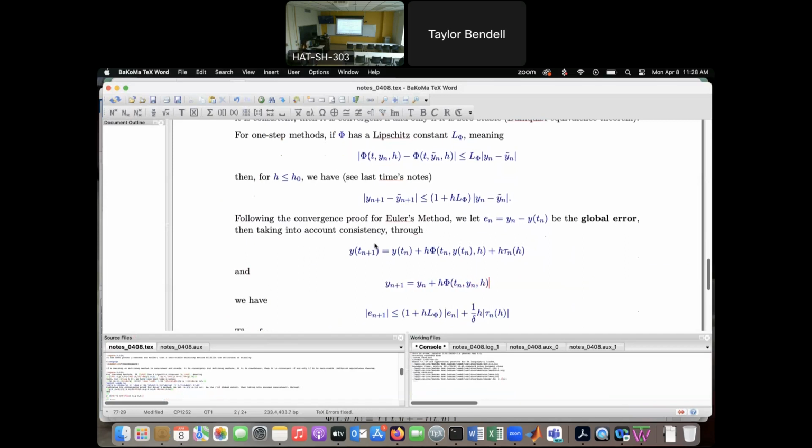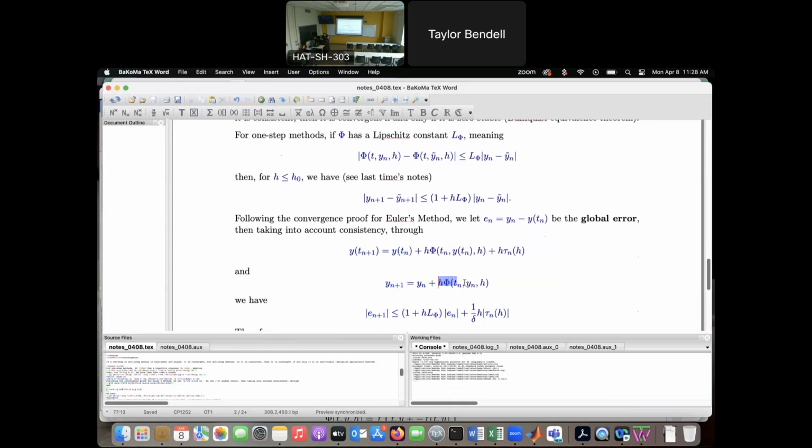By subtracting this equation from this one and applying the Lipschitz continuity, this minus this gives me En plus 1. This minus this gives me En times 1.